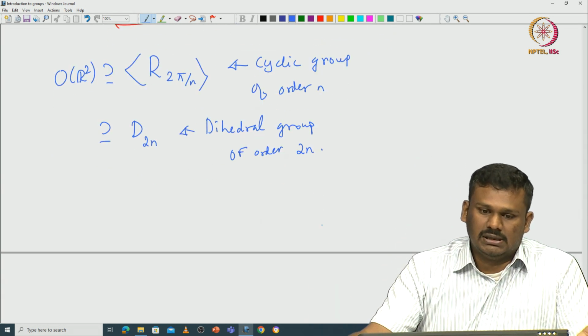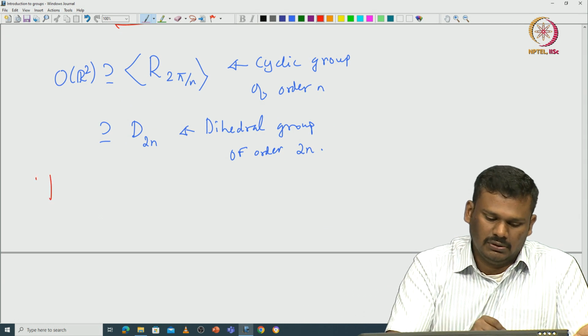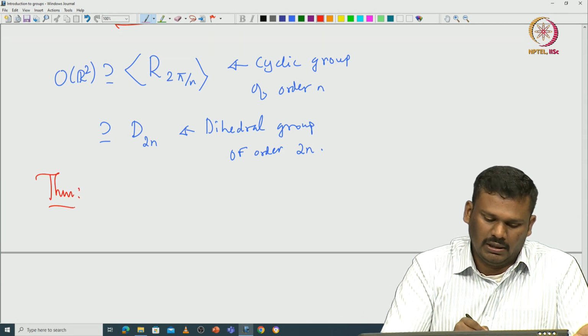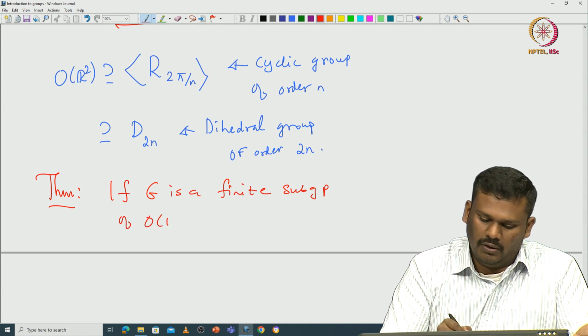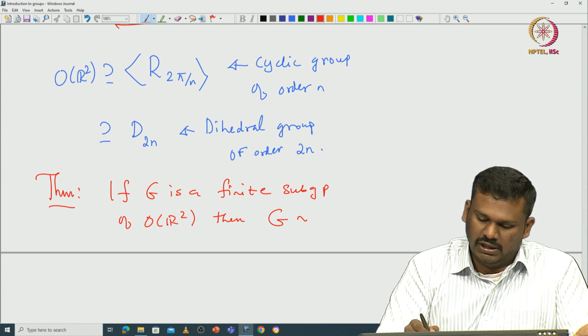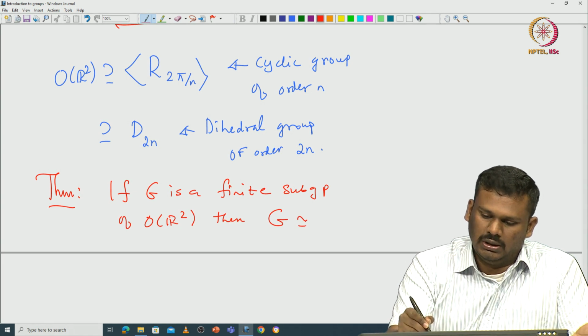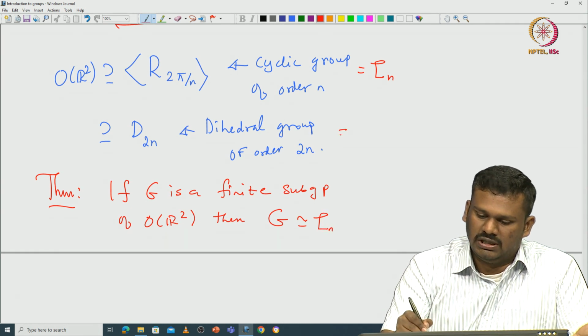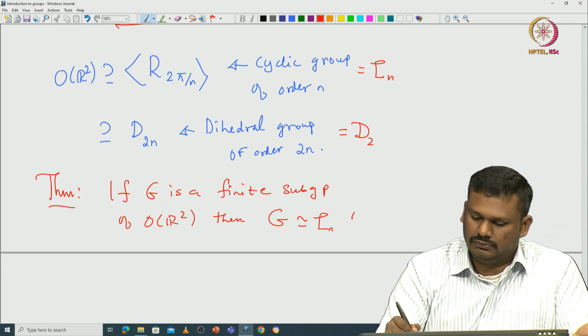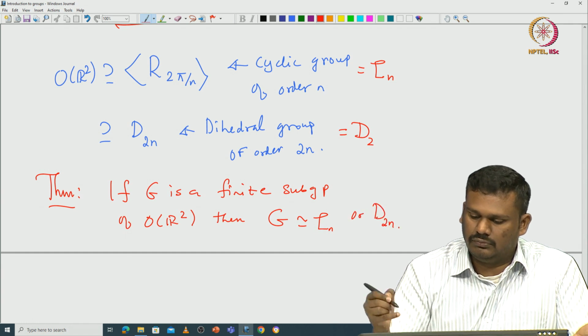So, our claim is, here is the theorem. If G is a finite subgroup of O(R²), then G is isomorphic to some C_n or D_2n.